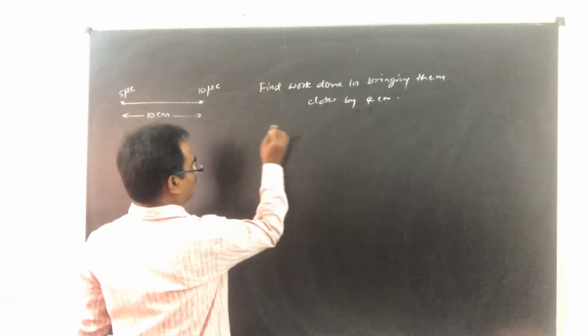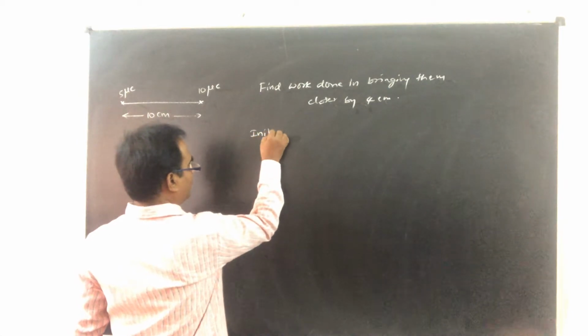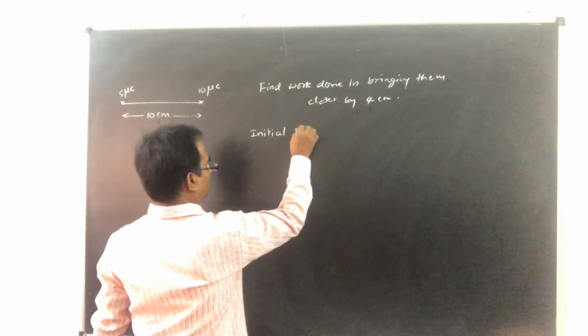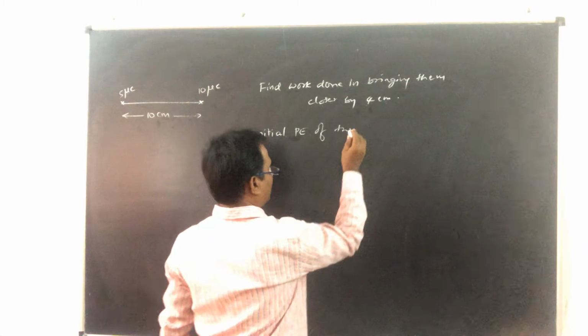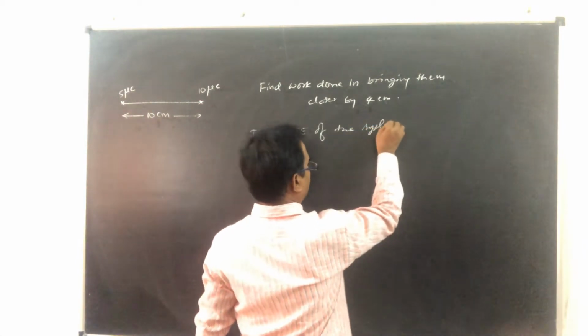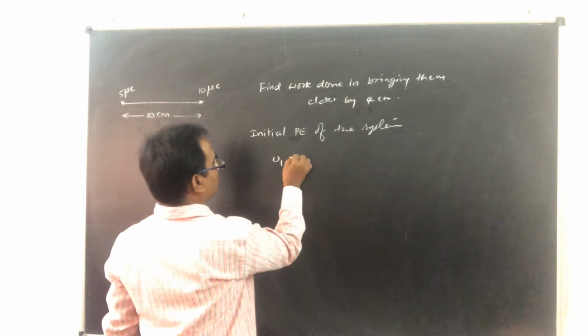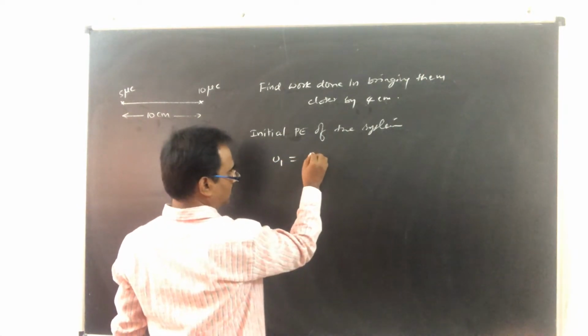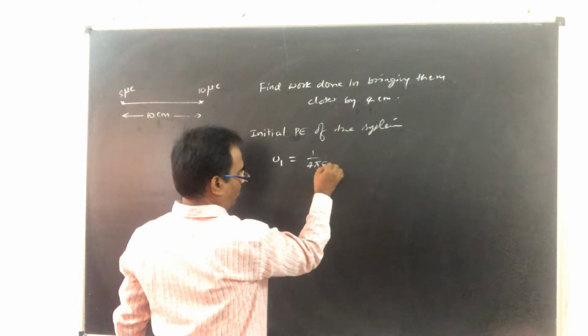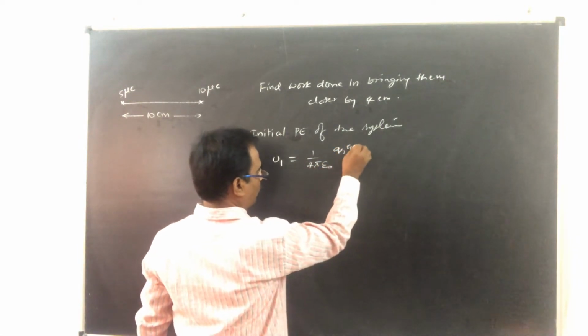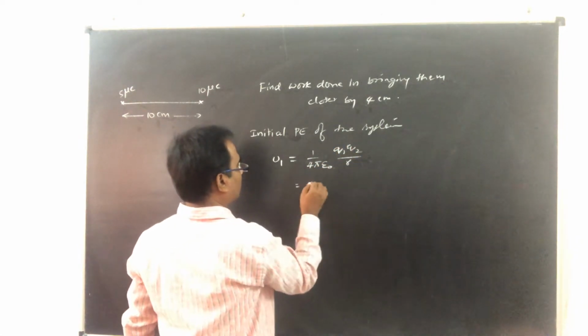So you find the initial potential energy of the system. You know the expression for potential energy for a pair of charges, 1 by 4 pi epsilon naught q1 q2 divided by r.